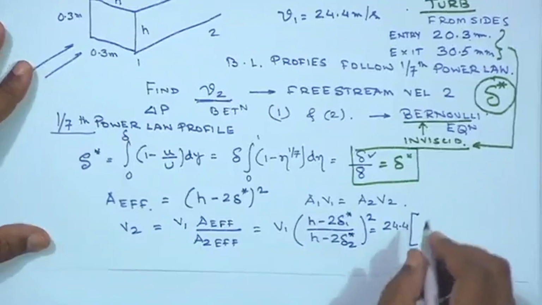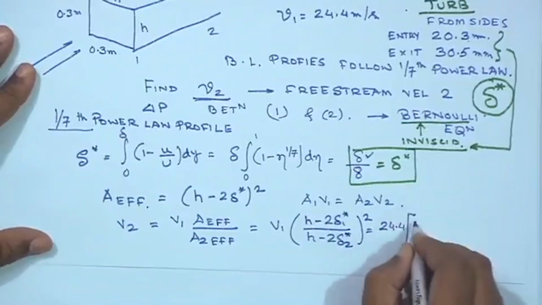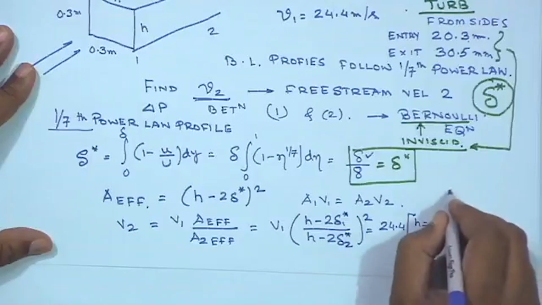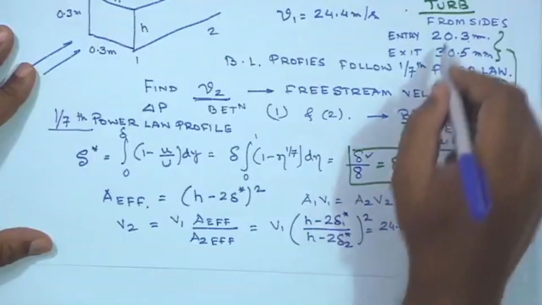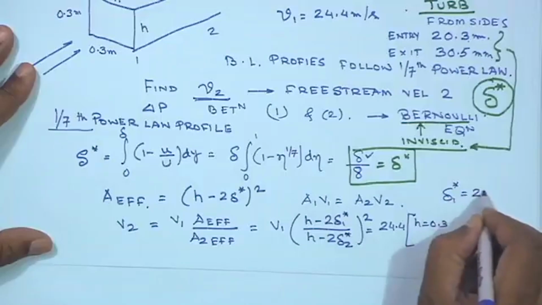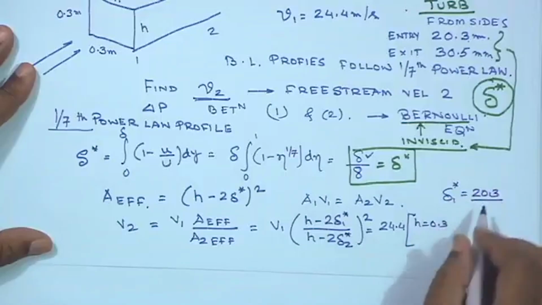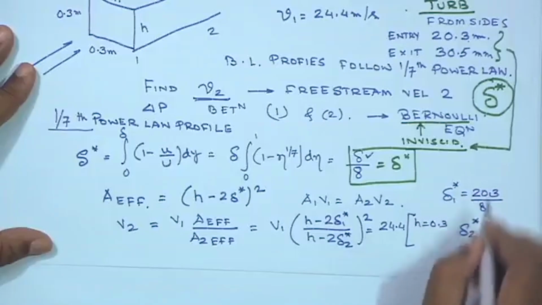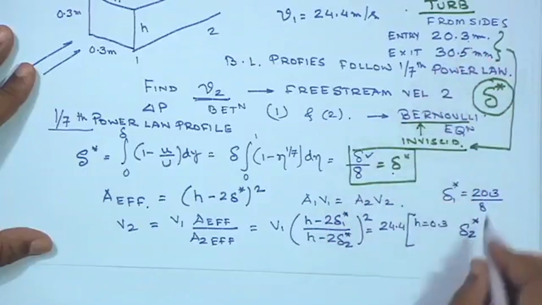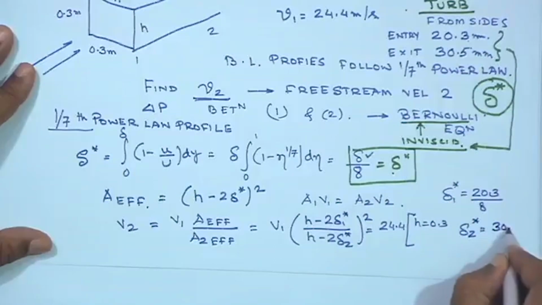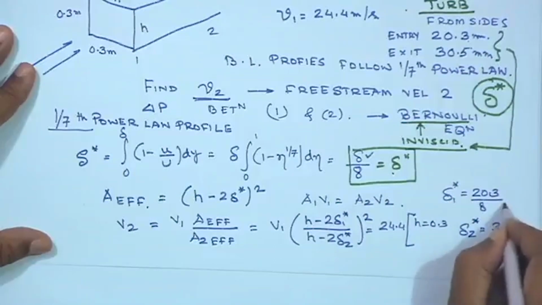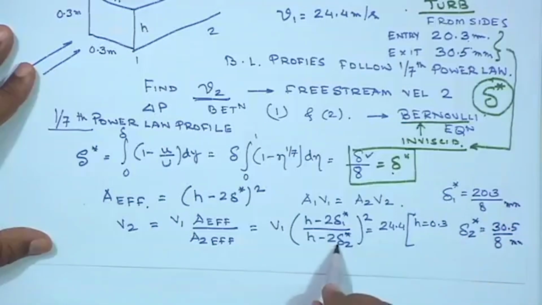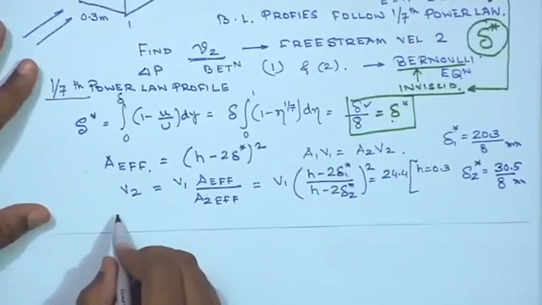The value of H is equal to 0.3, delta 1 star would be equal to 20.3 divided by 8, and delta 2 star from here would be equal to 30.5 divided by 8, all in millimeters. So, you put the value of delta 2, delta 1 in here.